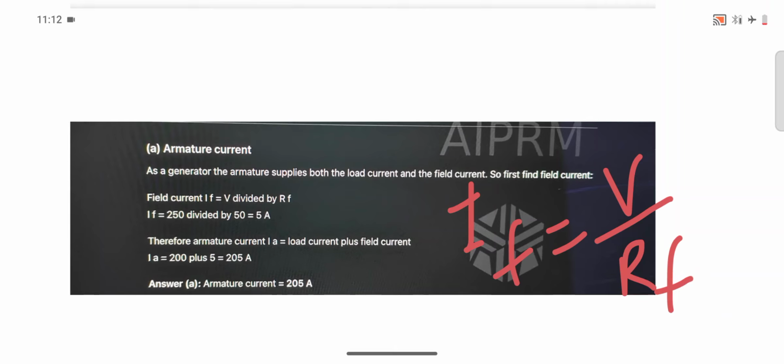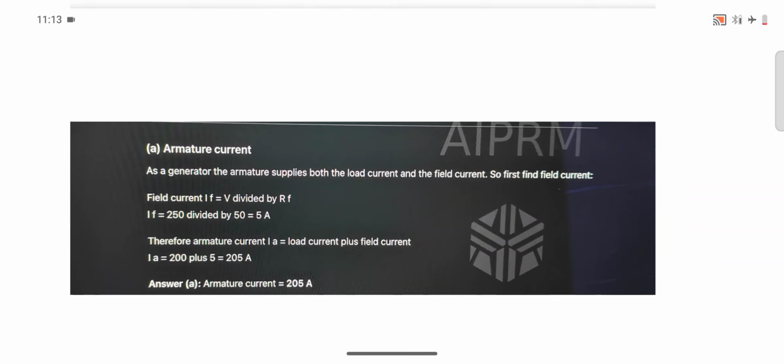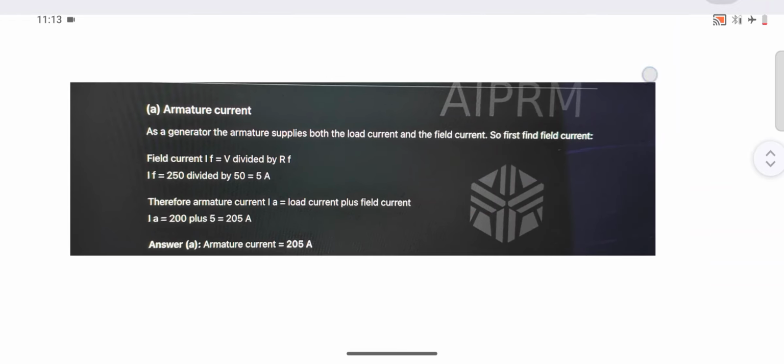So field current will be 5 ampere, and similarly armature current IA is equal to load current plus field current. So IA becomes 205.